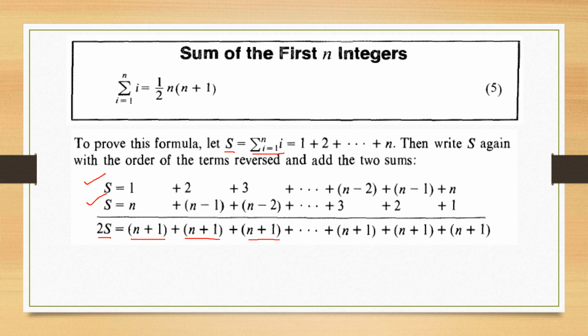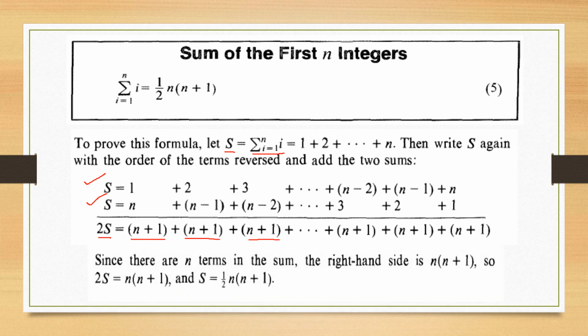Each term is n plus 1, and we know these are all n terms. Since there are n terms in the sum, the right hand side is n into n plus 1. Very easily we have calculated the sum of 2S. So 2S is equal to n into n plus 1, and we can easily obtain that S is 1 by 2 n into n plus 1.